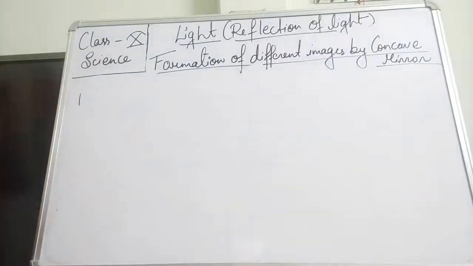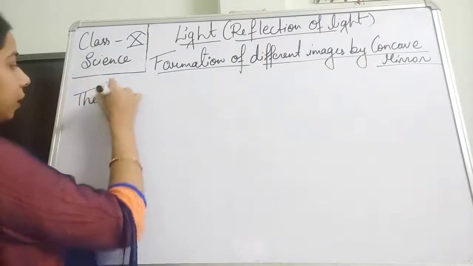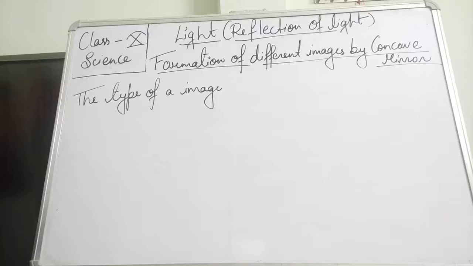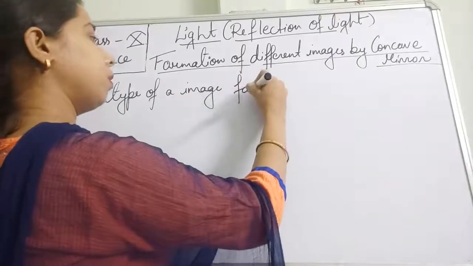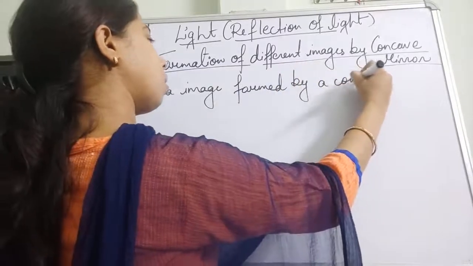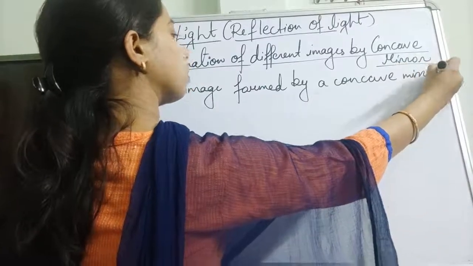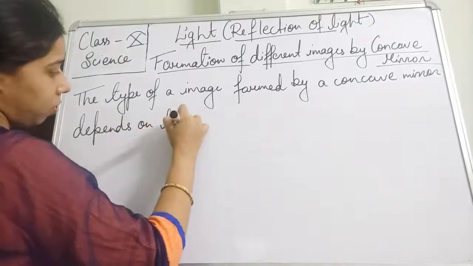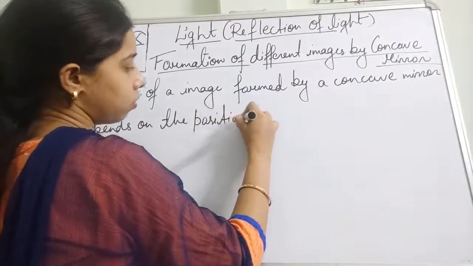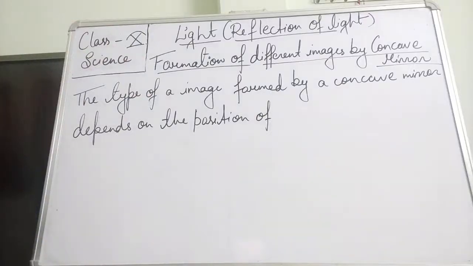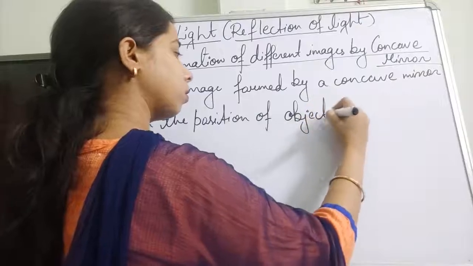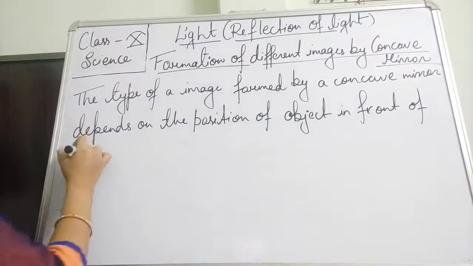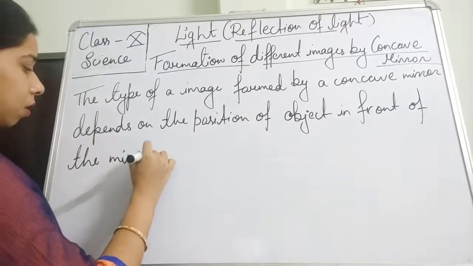So we can write here a few things: the type of image formed by a concave mirror depends on the position of the object in front of the mirror.